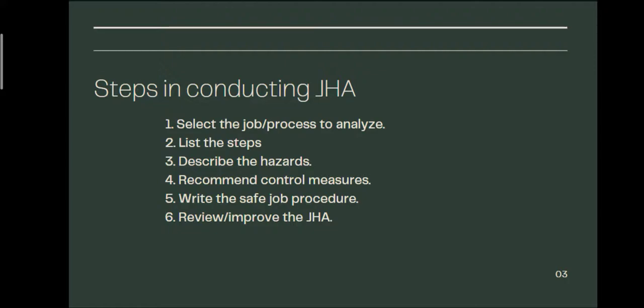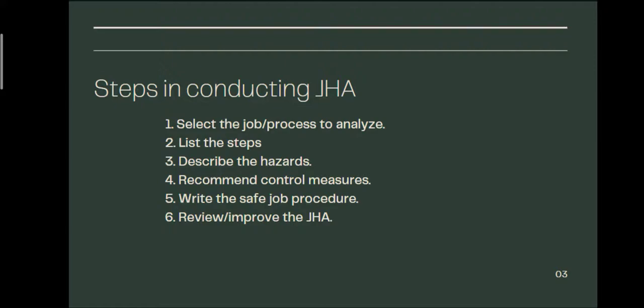For step 2, listing the steps of job processes. Here's the example. You can watch the worker do the job and list each step in order. Begin each step with a verb. For example, turn on the saw.